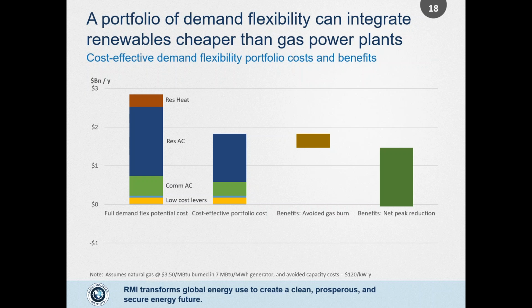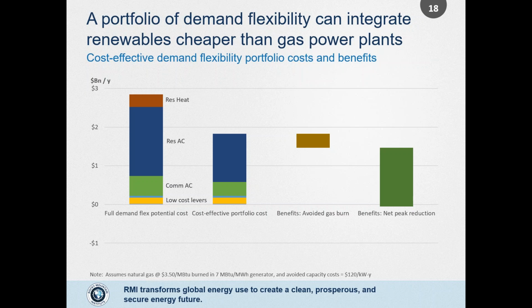And so here's this cost-effective portfolio. This is what we want to call the break-even point, where the costs of the portfolio of flexible levers are at a point where they provide more benefits to the grid than what they cost. And so this is what you see. This is about $400 million we'd see of avoided gas burn.